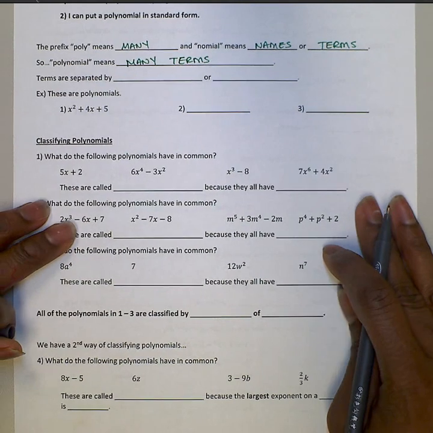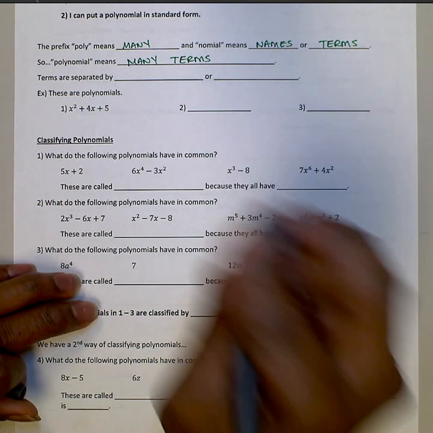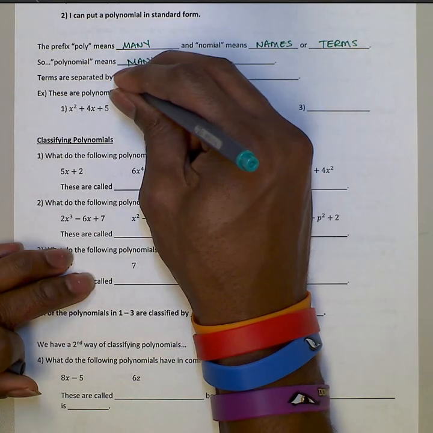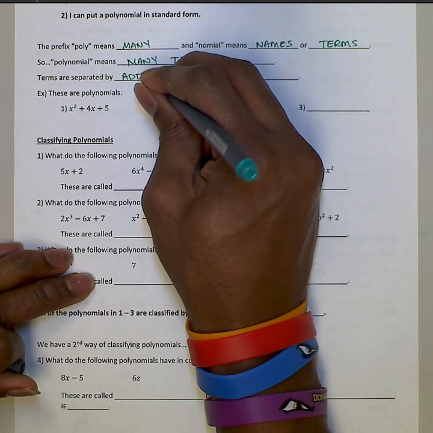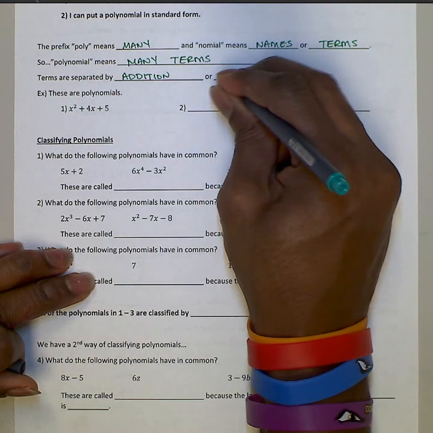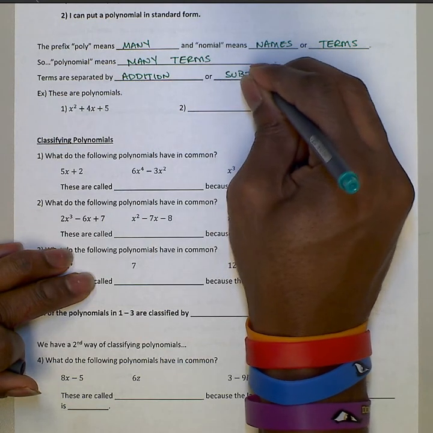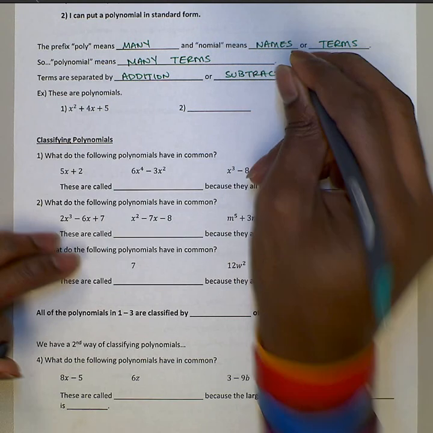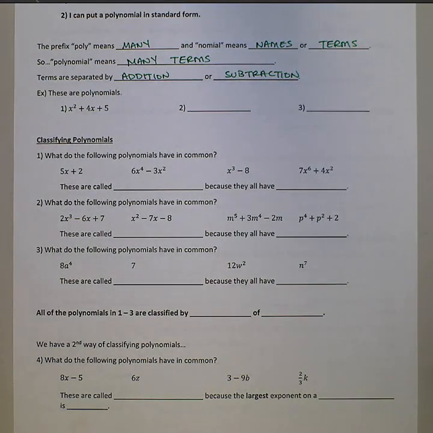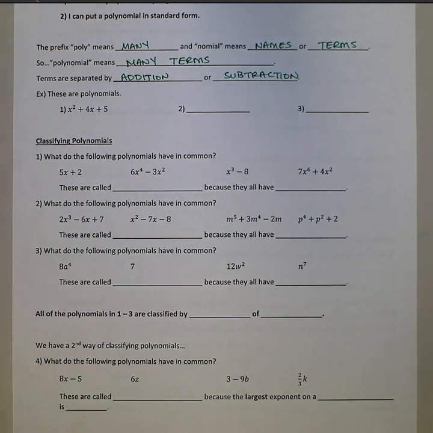Alright. Terms are separated by addition or subtraction. Okay, that's how we can tell if there's one term, two terms. When it's separated by an addition sign or subtraction sign, we know that's a new term.